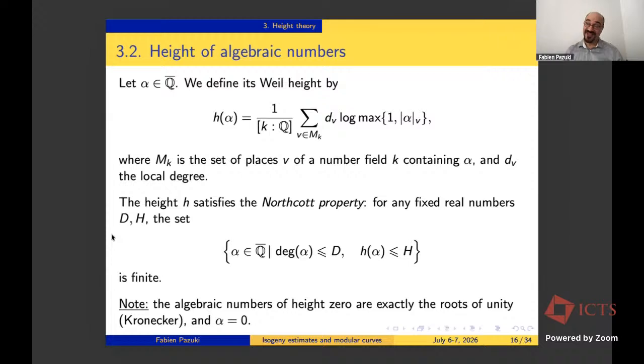Yes, so this is a very good question. There is a formula for the genus of smooth plane curves, and if you apply that formula to the model given by the modular polynomials, indeed there is a very big cancellation.